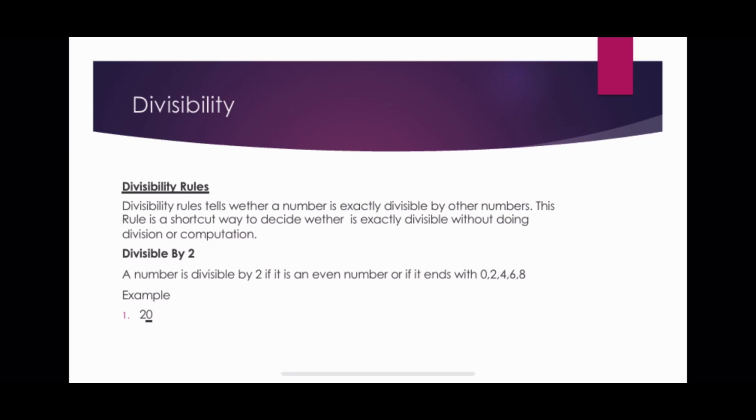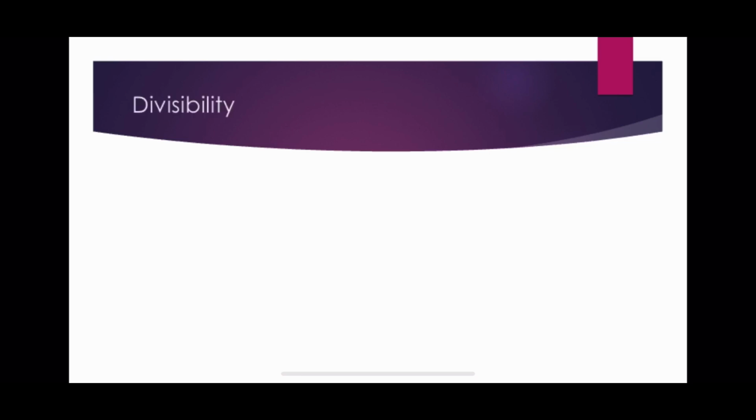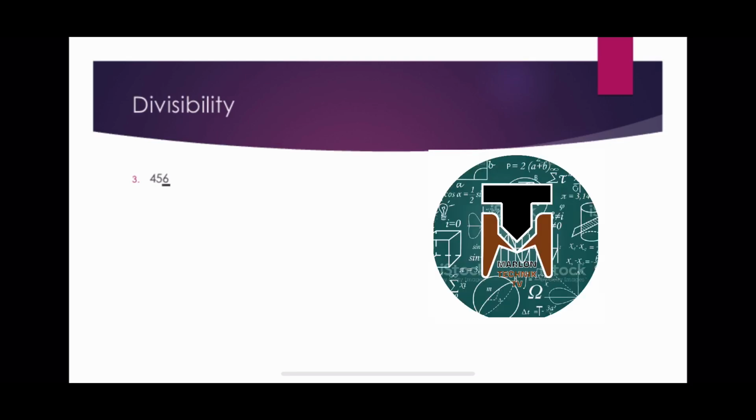If you check by using a calculator, 20 divided by 2 is equal to 10. So it is a whole number with no decimal point. So therefore, this is an exact number and it is divisible by 2. Number 2, 342, the same. It ends with 2. So therefore, it is divisible by 2. 456, it ends with 6.